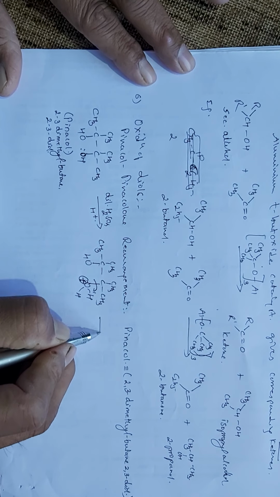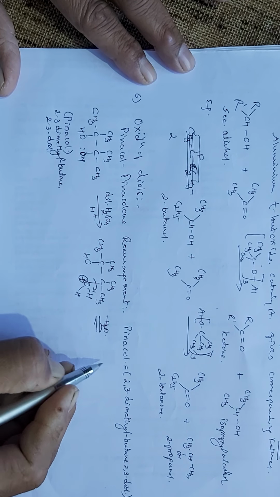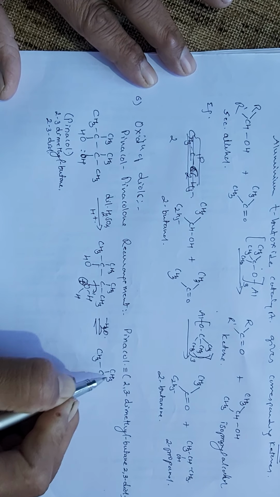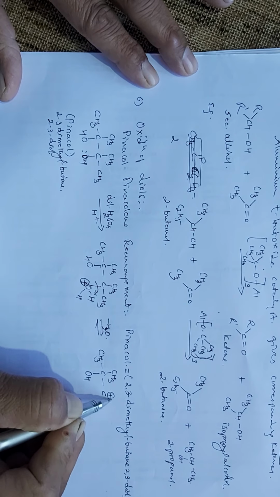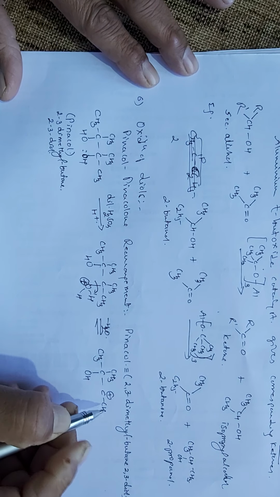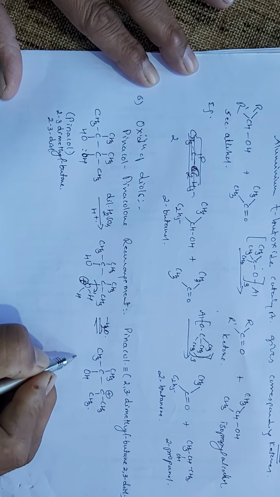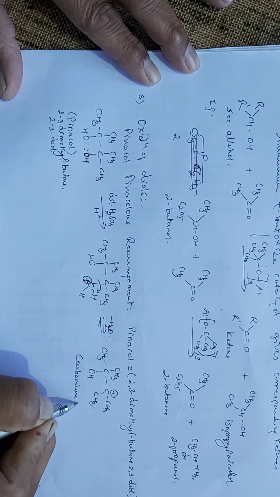In the second step, this cleaves with loss of H2O, and we get the formation of the carbocation, or carbonium ion.